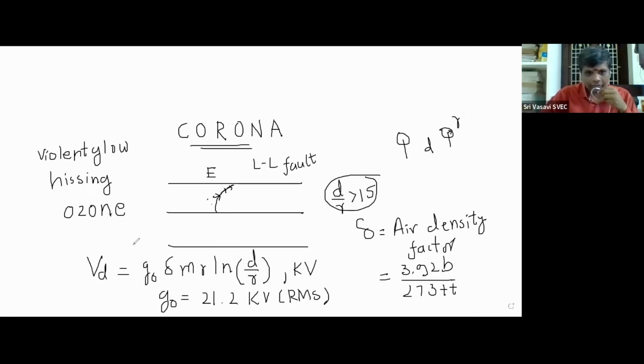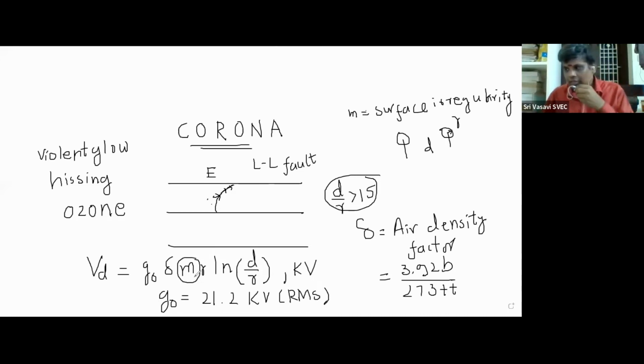So this is the disruptive critical voltage. The voltage at which the corona is initiated is called the disruptive critical voltage, and M is the surface irregularity factor. So it depends upon the surface of the conductor.